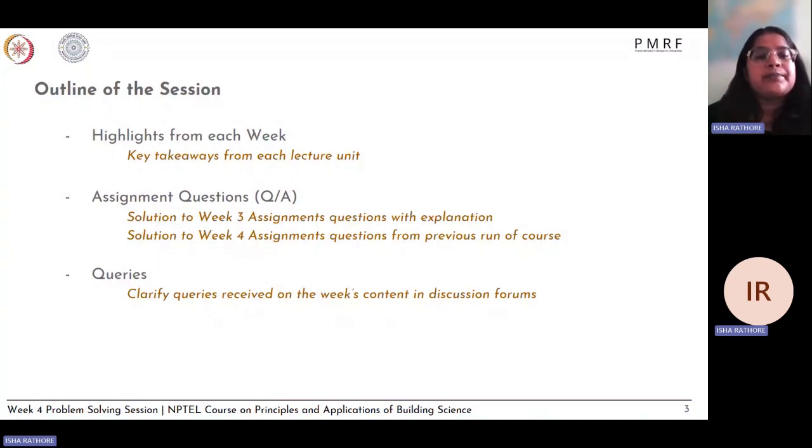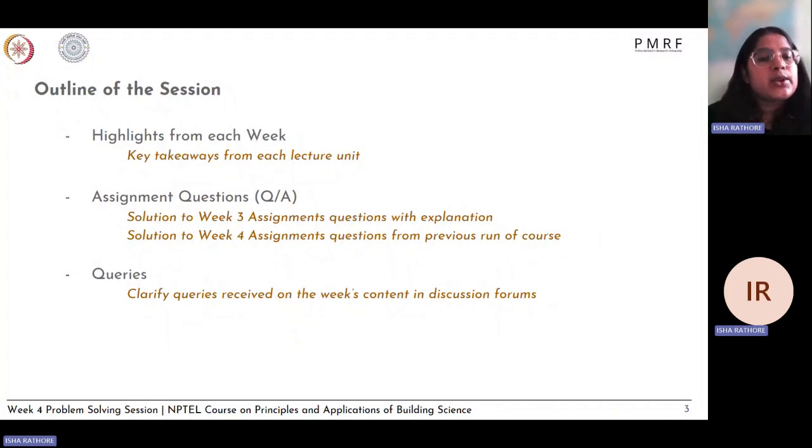this particular section. And then we'll also look at solutions to week 4 assignment questions from the previous run of the course. That is, from the last run of the course, we will look at the assignment questions. So none of these assignment questions are repeated and are presently in week 4, but you will get an understanding of how to solve more questions for practice based on week 4 content.